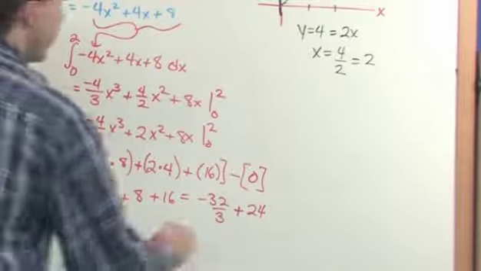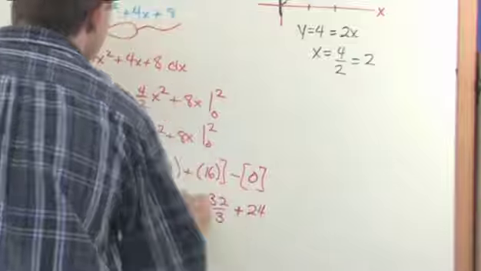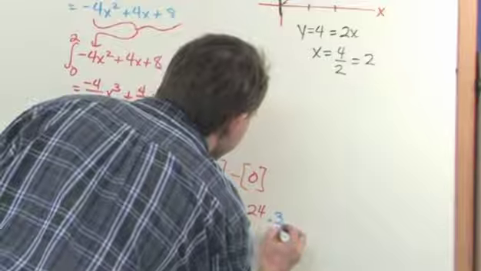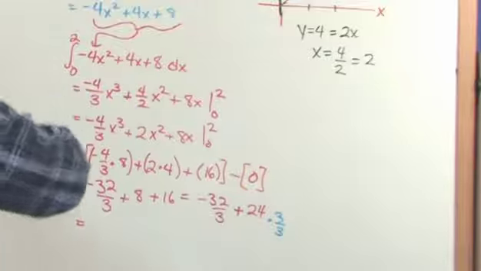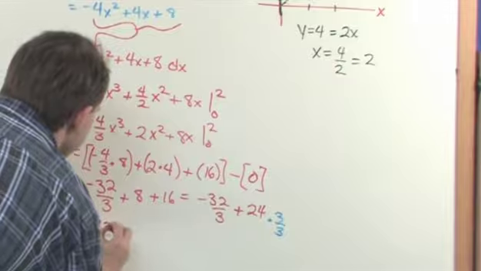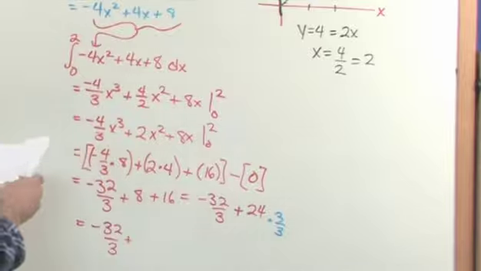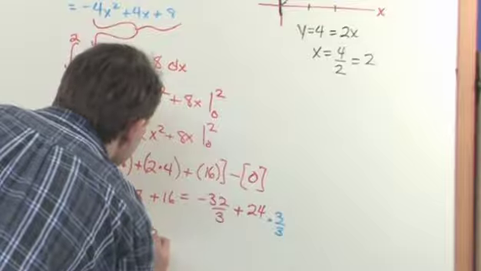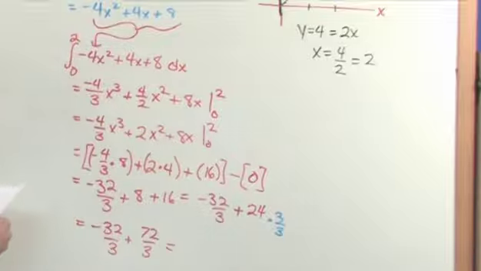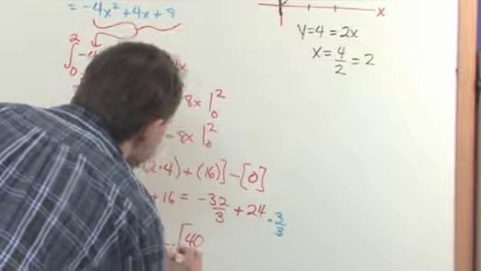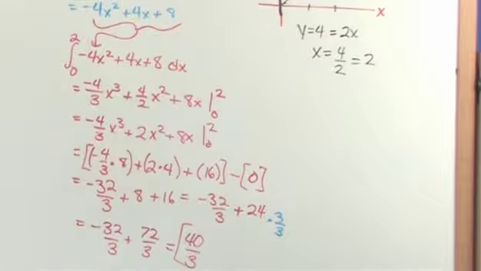The easiest way is to multiply 24 by 3 over 3, so I have negative 32 over 3 plus 72 over 3. When you do this, you'll have 40 over 3, and that is the answer. So let's go back up and review the bidding from the top.